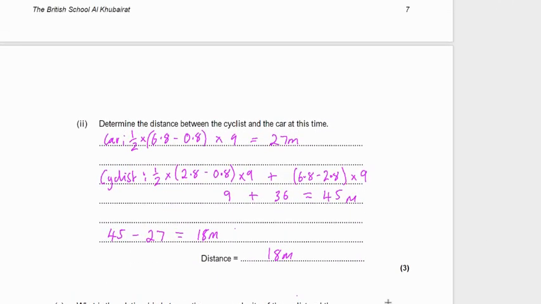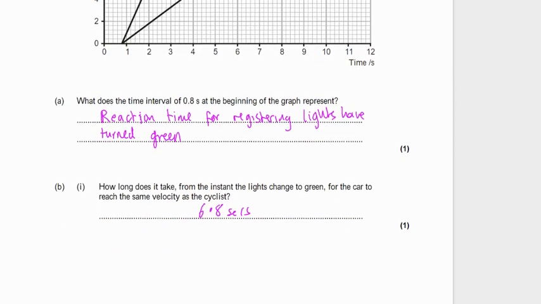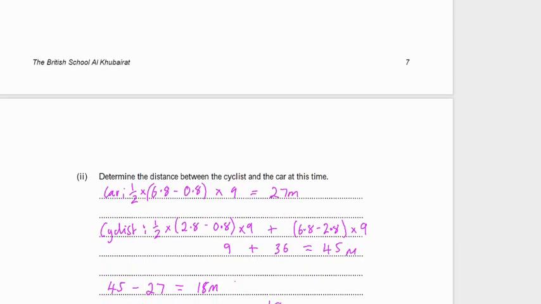So for the car it's just a triangle: half times 6 seconds, since it's 6.8 minus 0.8, so that's 6 seconds for that triangle. Height, it's 9 going across, so it's a half times 6 times 9, and that's 27 meters the car travels.